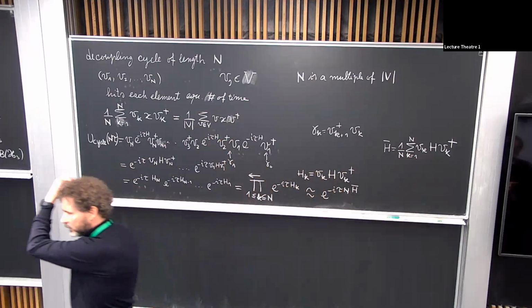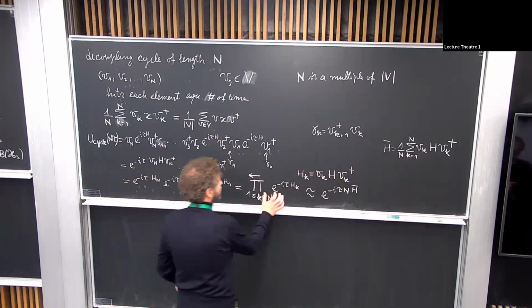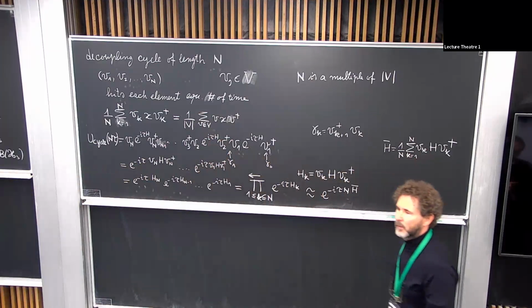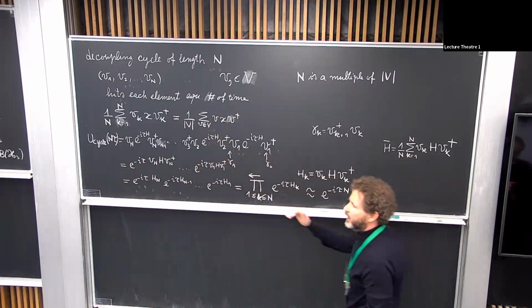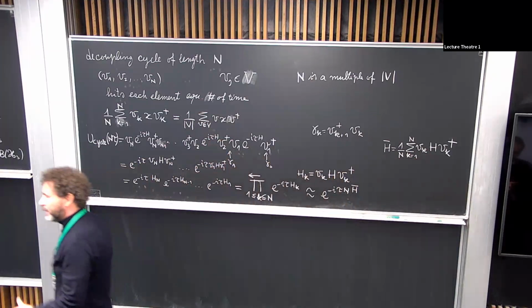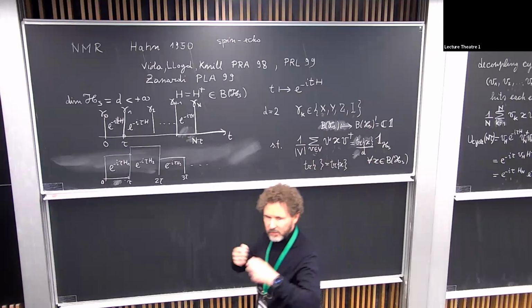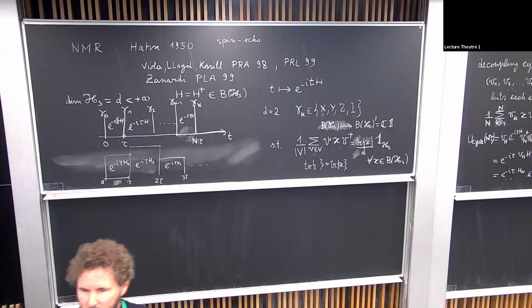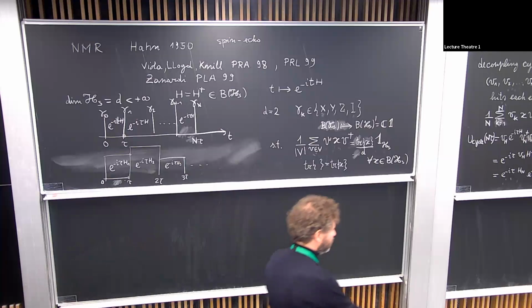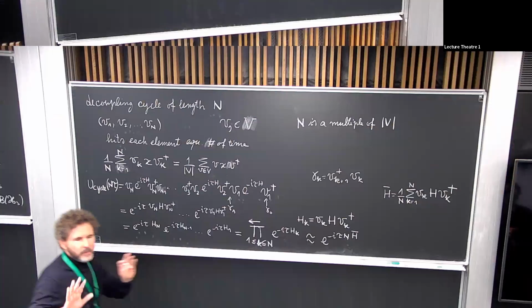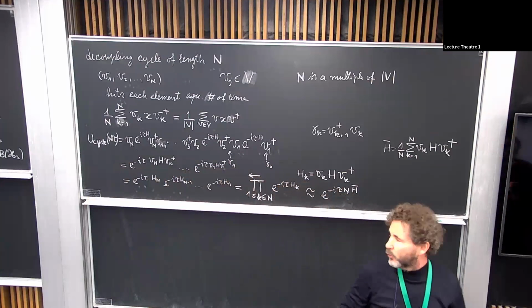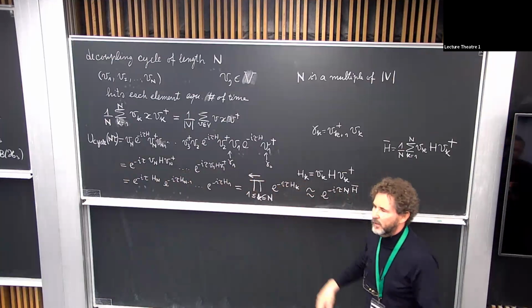So this is what I would like to achieve. Now, of course, if I know the Hamiltonian, maybe I can just construct the decoupling cycle in such a way that I get that equality. But remember, the rule of the game is that I don't know the Hamiltonian. I want to achieve this, whatever the Hamiltonian is.